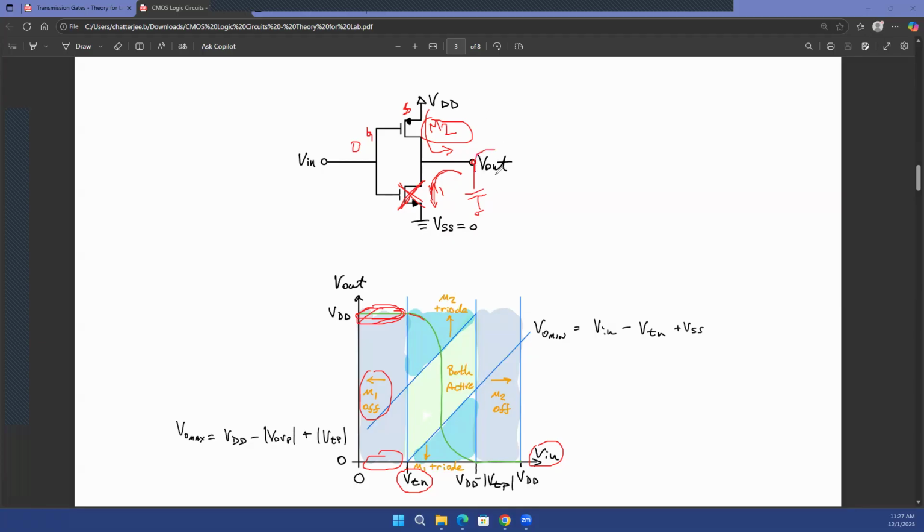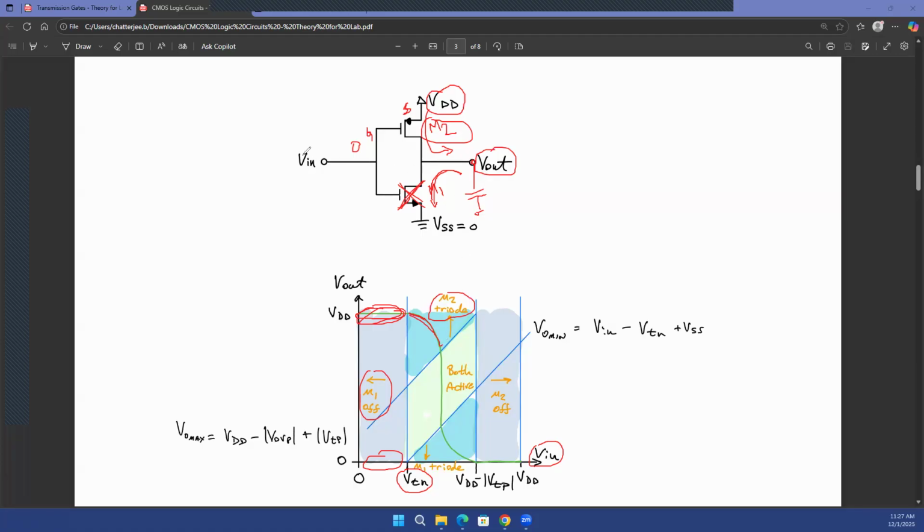The drain voltage was Vout, which was charged at VDD. The source voltage was also at VDD. So VDS of the M2 transistor was initially at 0. And then as the M1 transistor is turning on, the VDS of the M2 transistor becomes higher and higher. Right? So M2 transistor was in triode, but M1 transistor just turned on into saturation. That's what is happening in this region.